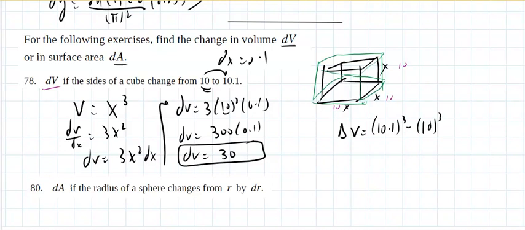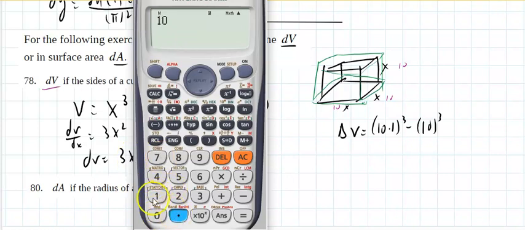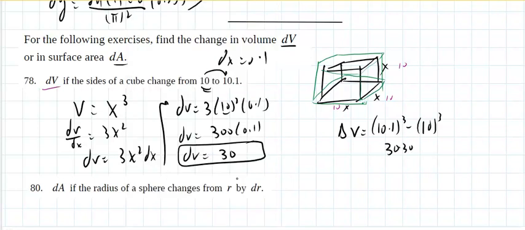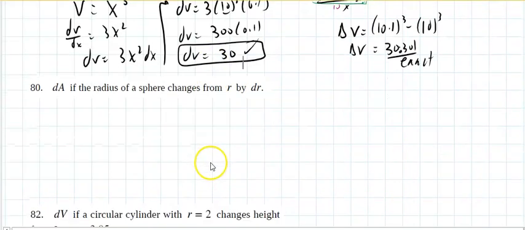If I want to figure out the exact change, I'll take 10.1 cubed and subtract off 1,000. The exact change is 30.301. Let's say that is centimeters cubed. Well, this is the exact, and look, without a calculator I was able to get roughly what that is.